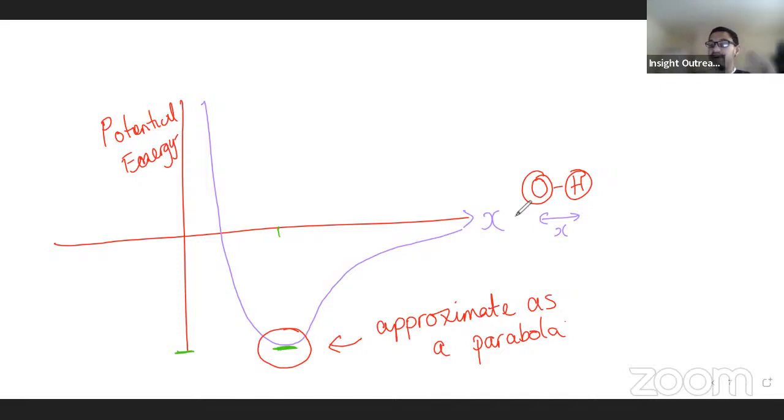So approximating it using a Taylor series, you can find out what frequency the bond oscillates at. And then that will tell you what infrared radiation it might absorb. So that's useful in things such as global warming, like why does carbon dioxide absorb certain types of radiation, or infrared. So that's a practical use of the Taylor series.